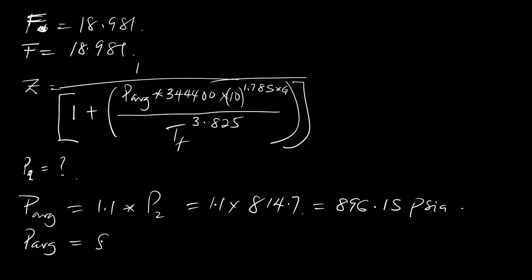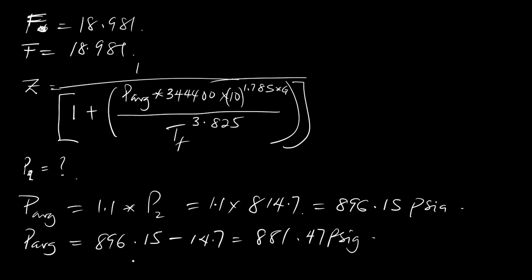So we say 896.15 minus 14.7 to give us the gauge pressure, the average pressure of the gas. So we have 881.47 psig.